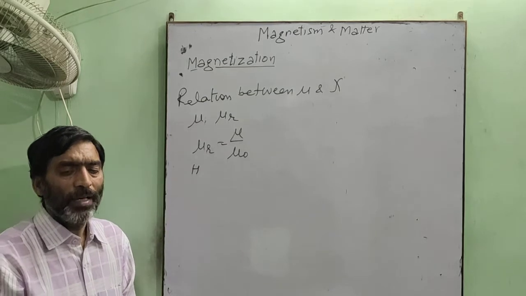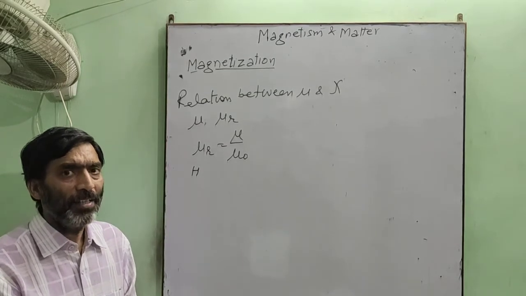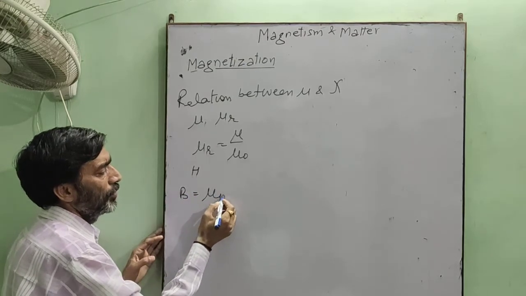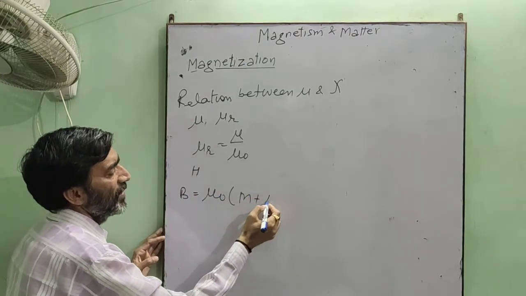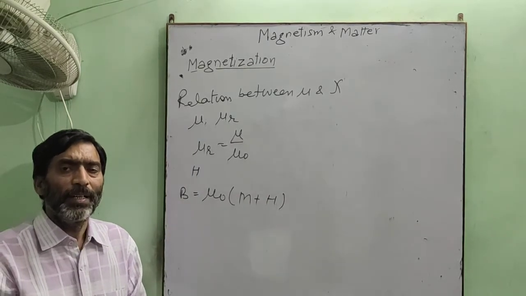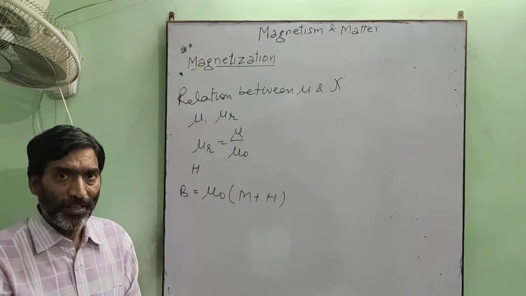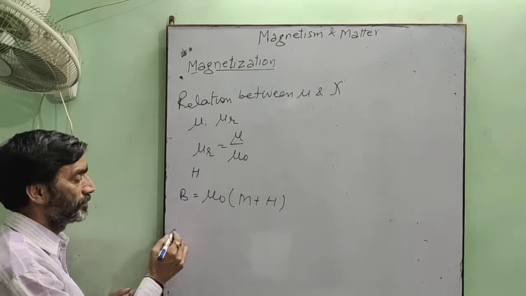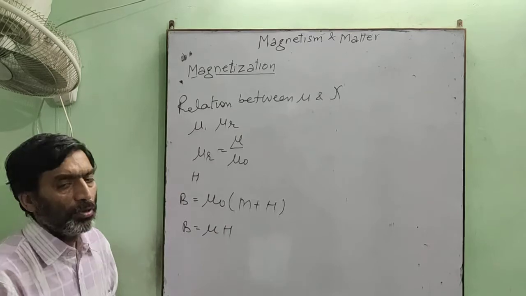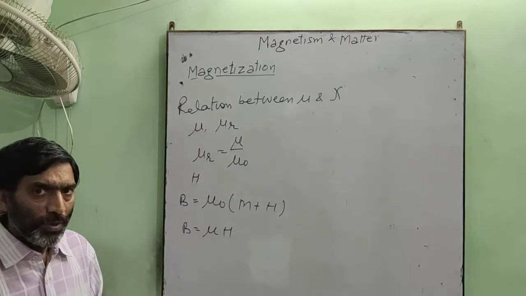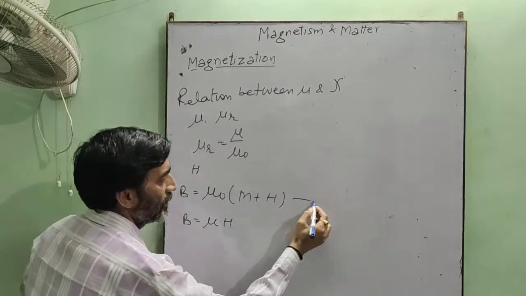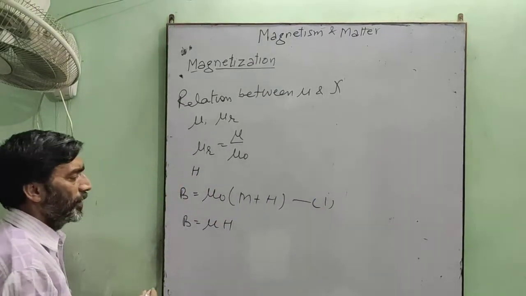Then the total magnetic field, we can say the magnetic induction B, is equal to mu naught (H plus M). This is the total magnetic field inside the magnetic substance, or you can say magnetic induction. But B is equal to mu H. Now by putting the value of B in equation 1, what we get?